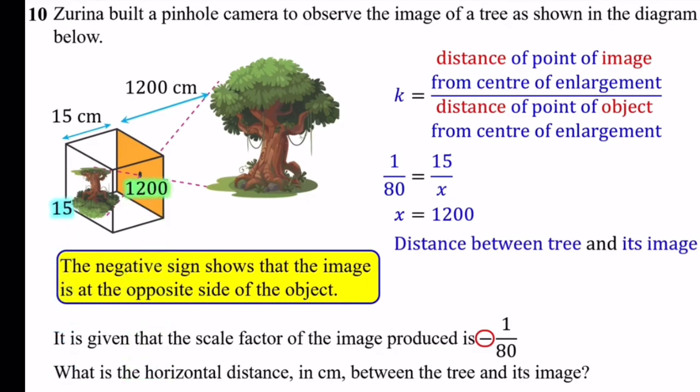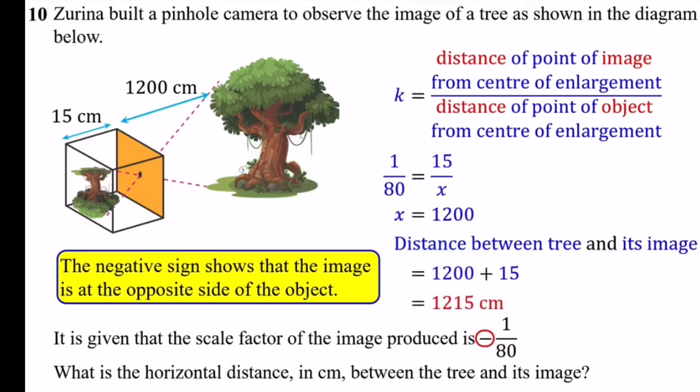Once you get x, you just add on the 15. So the answer is 1200 plus 15, so it's 1215 centimeters. We just add 15 to the 1200 to get the distance asked by the question.